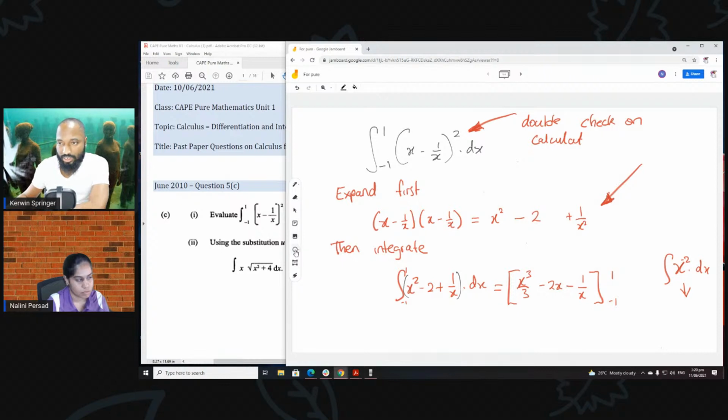Use the circle? This tool is the select tool. But I just don't know how to use Jamboard that well.